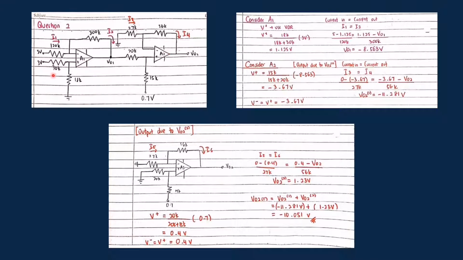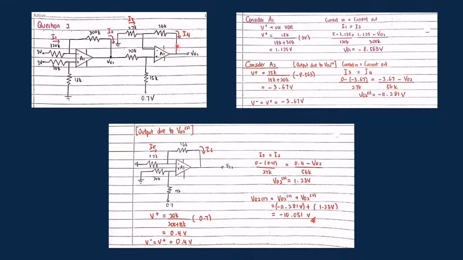So I find the V plus here by using the VDR, same as before. 18k over 80 plus 30 times 3 volt, and I get a value of 1.125 volt. And then I use the current in and current out to find the V node 1 here. So I substitute all the values and then get the answer of V node 1, which is negative 8.563 volt.